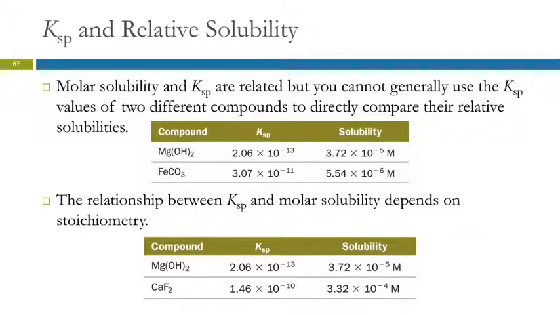Iron carbonate, when it dissolves, makes 2 ions, and when magnesium hydroxide dissolves, it makes 3 ions. So the equilibrium expression for this is magnesium times hydroxide squared. It's going to end up being S cubed, and this is going to be S squared. So we can look at their KSP values. Magnesium hydroxide has a lower KSP, but it has a higher solubility.